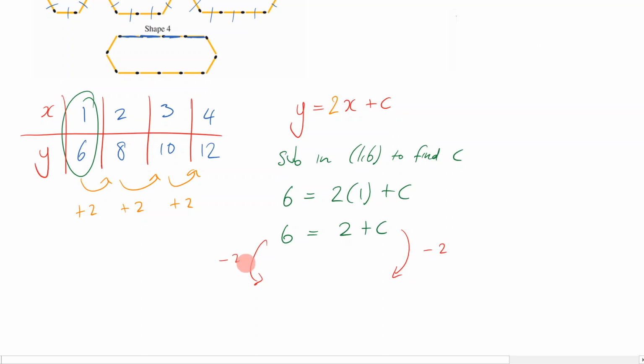Subtract 2, subtract 2. So that means I'm going to get 4 is equal to c. And now I can come up here and I can rub out this c and I can put a 4 there. Oh, let's do that in green, just to keep our colors consistent. And that is your answer for that right there. y is equal to 2x plus 4.